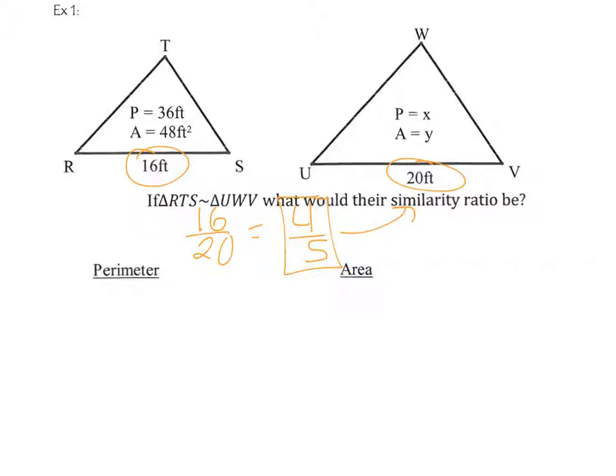So 4/5 is our similarity ratio, or our scale factor. Remember, they mean the exact same thing. Okay? And for the perimeter, since it's the same dimensions as the similarity ratio as the side lengths, we can just take that 4/5 and we can compare it to 36/x. So you can do a little bit of cross multiplication goodness here.